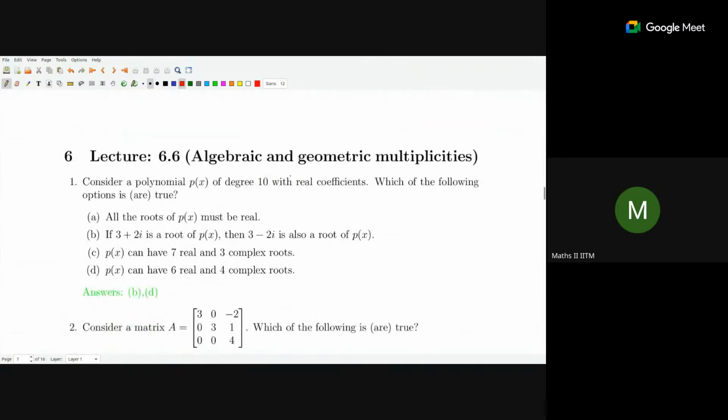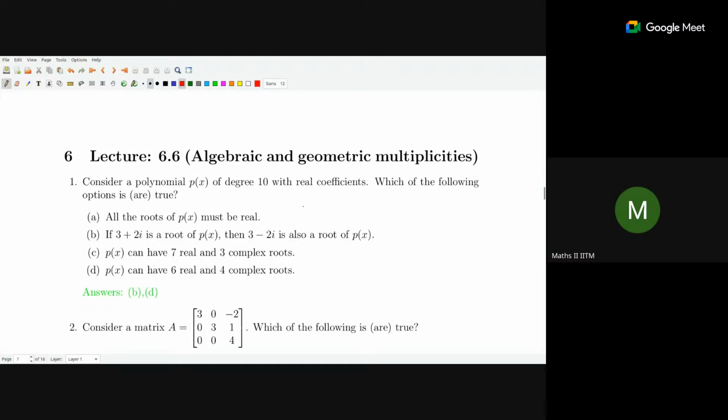In 6.6, we again talk about the algebraic and geometric multiplicities of each eigenvalue and eigenvector. Once you study eigenvalues and eigenvectors, the next thing you study is their algebraic and geometric multiplicity. Algebraic multiplicity is the multiplicity of the root, that is, how many times the eigenvalue is repeated.